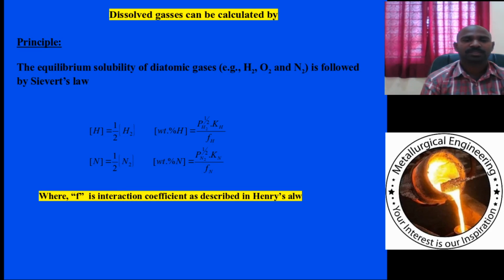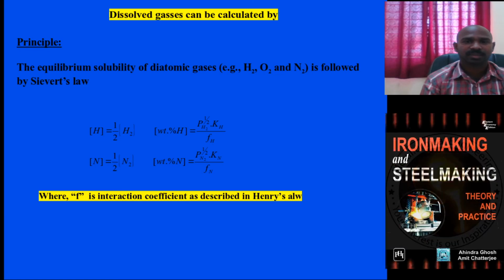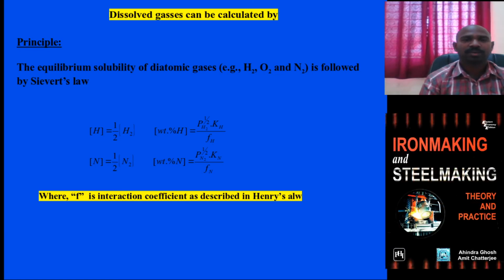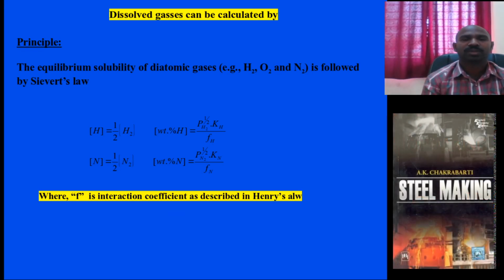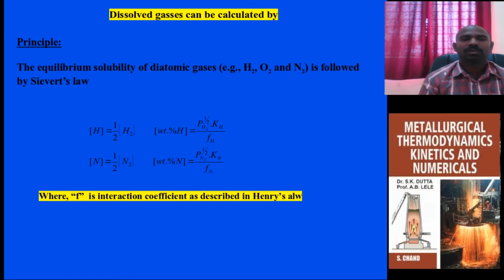Coming to nitrogen, it forms stable nitrides. The stable nitrides form during the refining process of secondary steelmaking, such as the ladle degassing process and vacuum oxygen process, and it can be reduced.